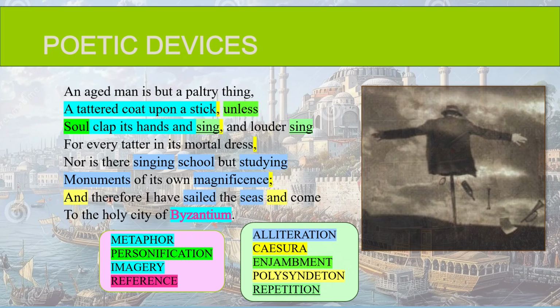All three words in the same line start with the consonant S. Then we have in the next line monuments, magnificence, both starting with M. In this line we have sail the seas, S and S. So that is the alliteration. Caesura again: comma here, comma here, and semicolon here. So that's a caesura.